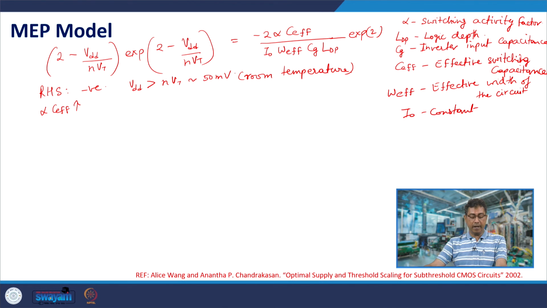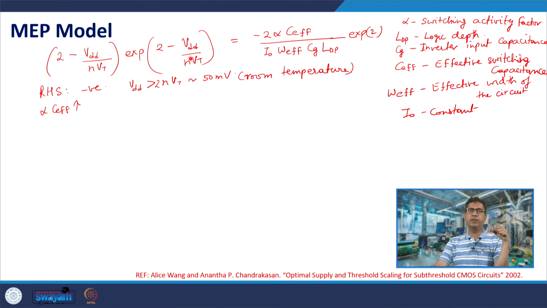When VDD by NVT is larger than 2, because we have an exponential term here, this should be large in magnitude, and since this is larger than 2 and it is a negative exponent, the value of (2 minus VDD by NVT) should become smaller in value. So, VDD by NVT should be smaller. If you increase alpha C effective, this should become smaller. So, that corresponds to our earlier discussion.